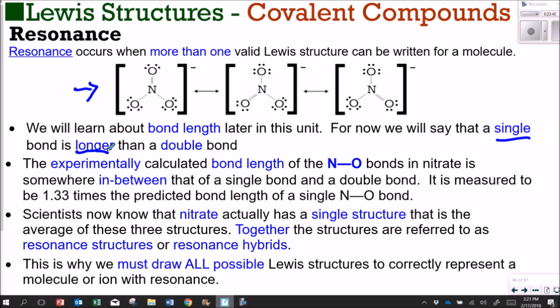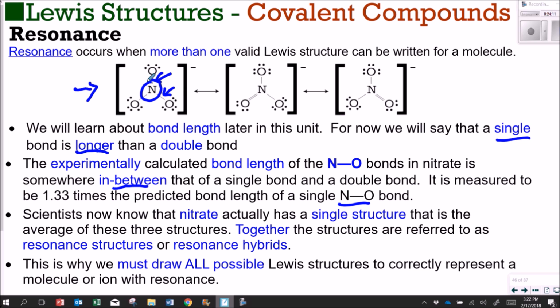The experimentally calculated bond length of the nitrogen-oxygen bonds in nitrate is somewhere in between that of a single and a double bond. And it is measured to be about 1.33 times the predicted bond length of a single NO bond. So it is somewhere in between the length of a double bond and a single bond for all three of these bonds.